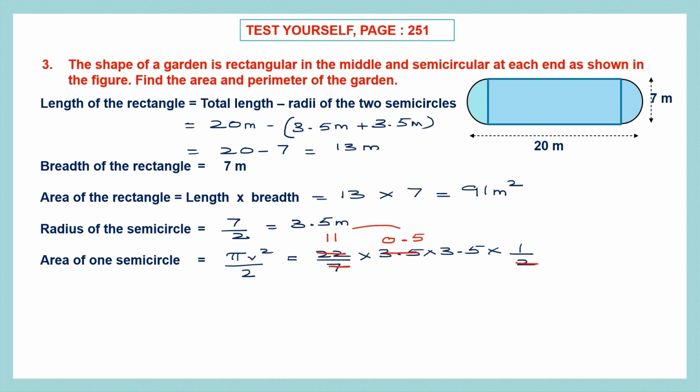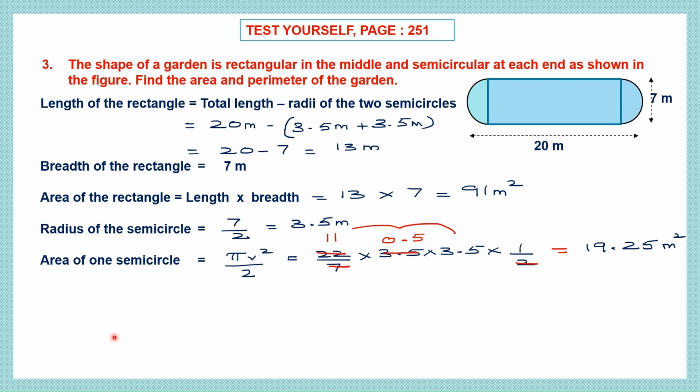Now we just have to multiply these, and when you multiply, you get 19.25. Now this is meters square because this is the area of one semicircle. So only one semicircle is 19.25. So if you have to have 2, you must add up this or multiply this by 2.